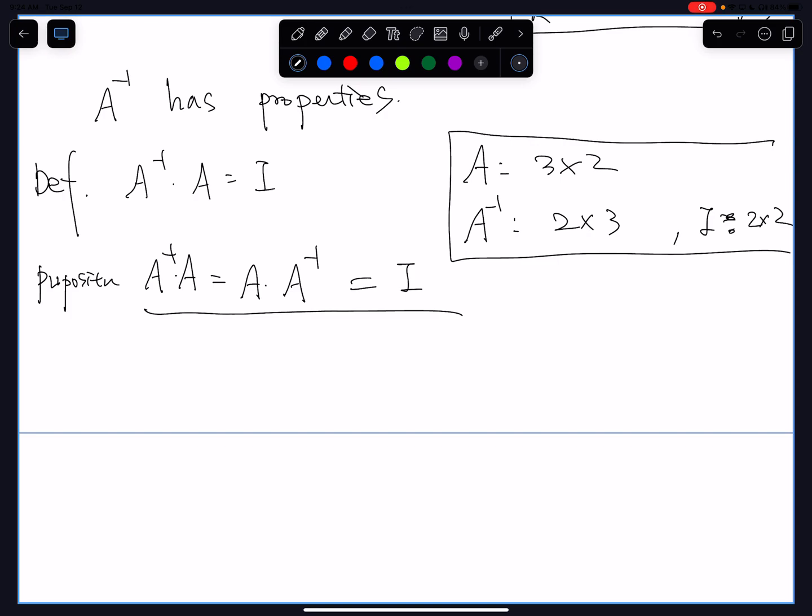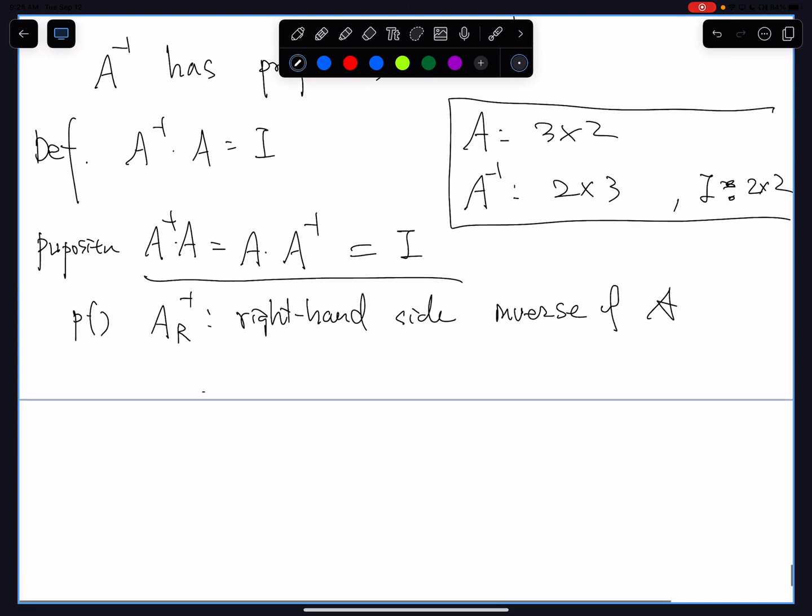The proof is actually not so difficult. So let's say this is the right-hand side inverse matrix of A. So that is I, right?